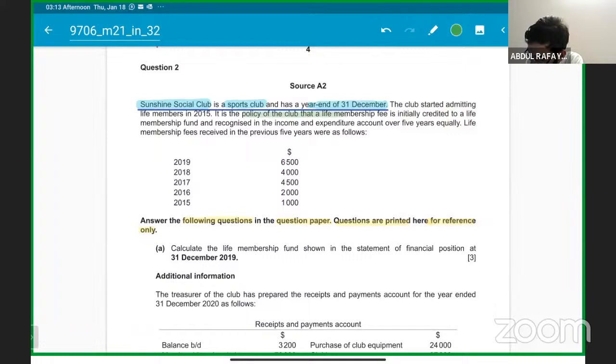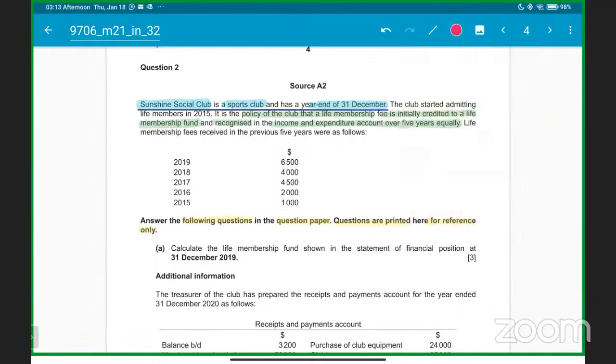It is the policy of the club that a life membership fee is initially credited to a life membership fund account and recognized in the income and expenditure account over 5 years equally.